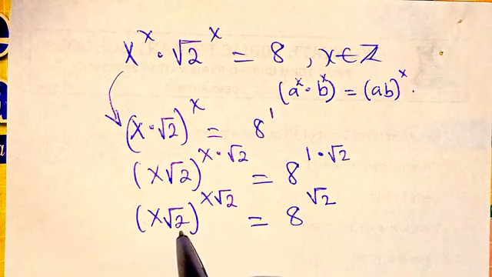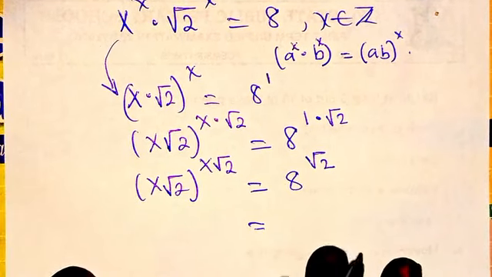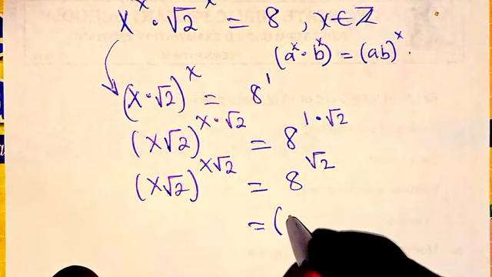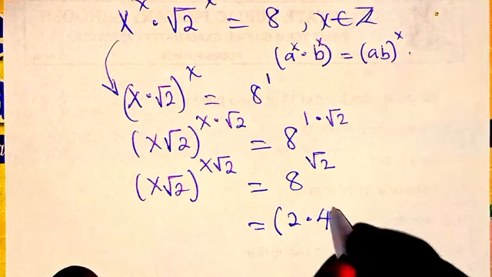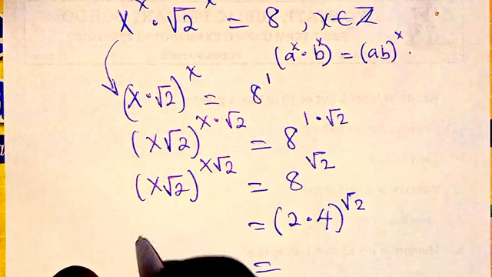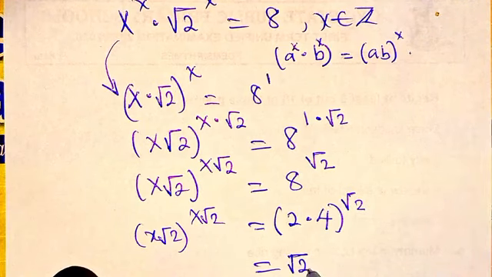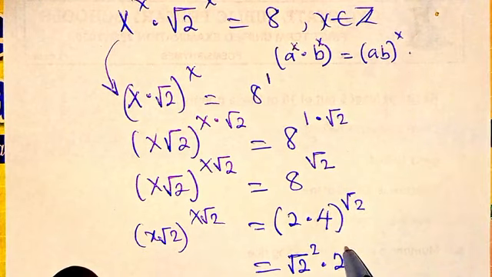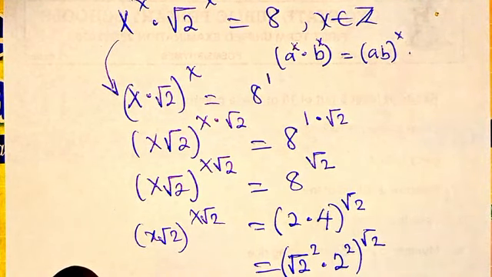Now you can see we have x root 2 raised to x root 2 here. I'm going to manipulate the right side. This 8 can be split as 2 multiplied by 4, to power root 2. Now I can write this 2 as root 2 to power 2, then multiply by this 4, which can also be written as 2 to power 2, all to the power of root 2.